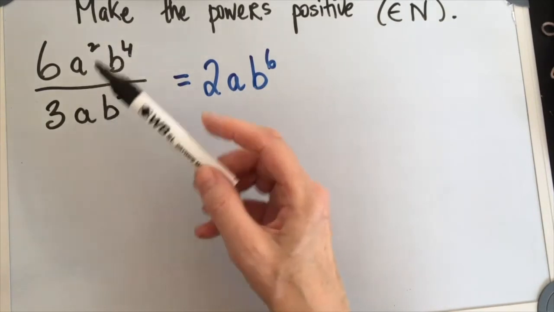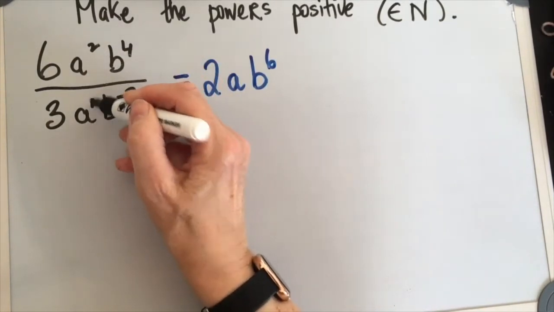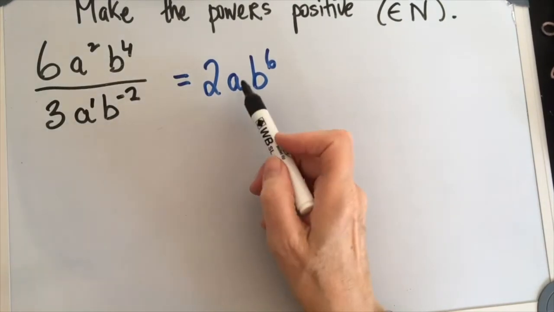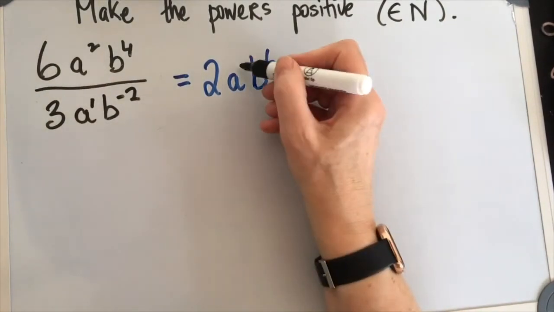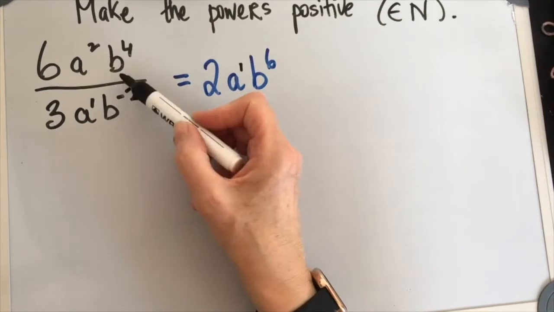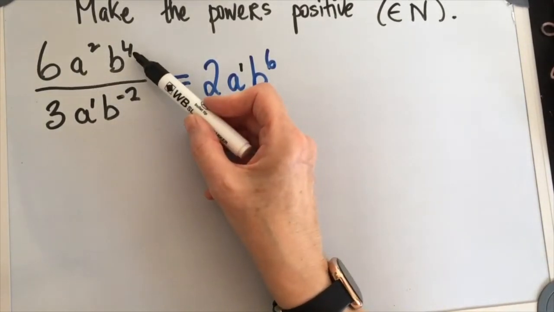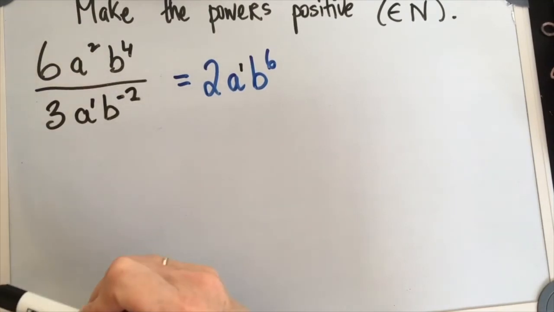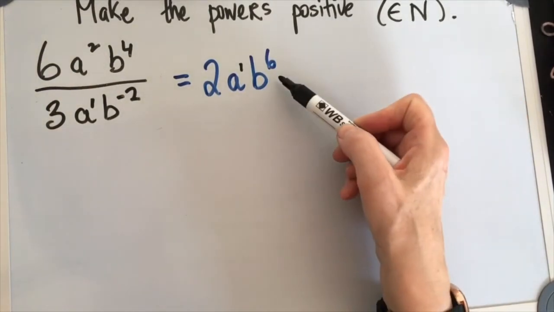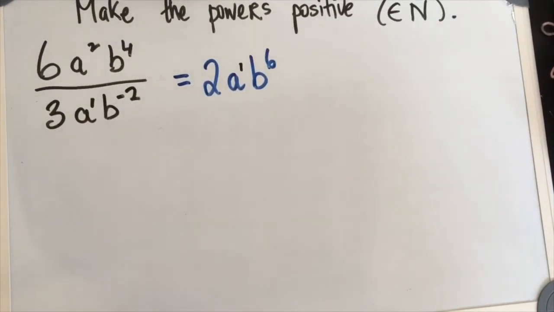So 2 minus the 1 there, because that's our default value, is a to the power of 1. You can write in the 1 if you like. And another pair of bases the same. So it's b to the power of 4 minus 2, which is 4 plus 2, which is 6. Well done if you got that one correct.